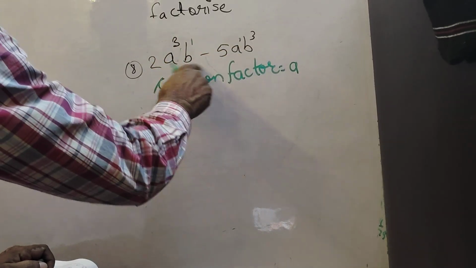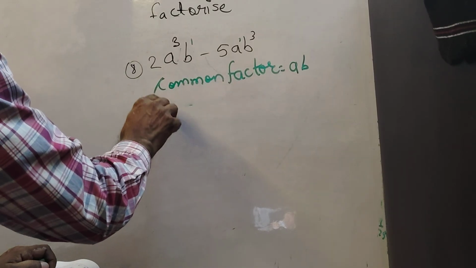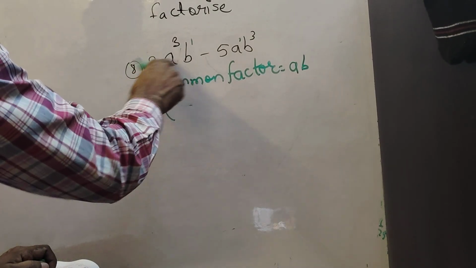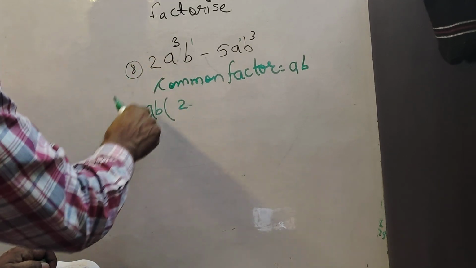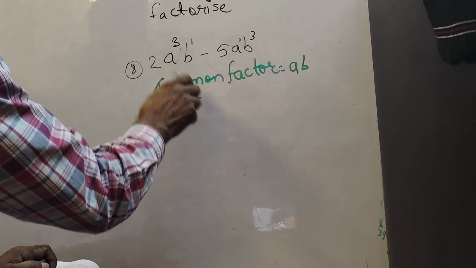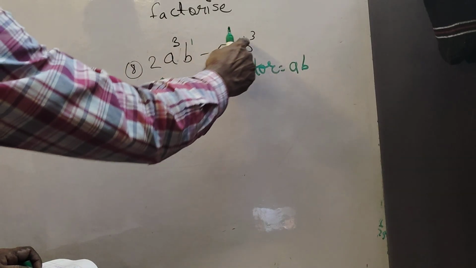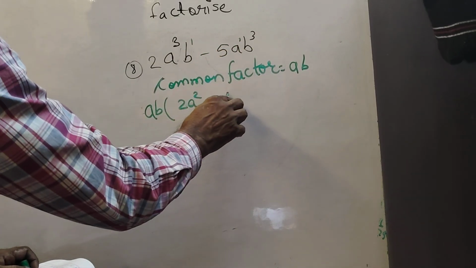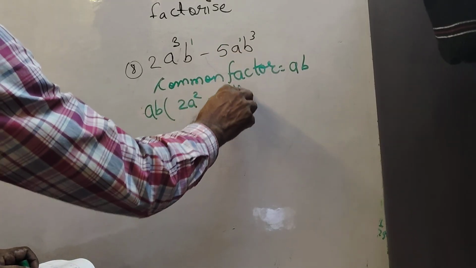Here is b cube, here is b. So ab is the common term. So we write ab outside the bracket and divide first term by ab. So a cube cancel by a, we get a square. B cancel by b, we remove the b. Now 5ab cube is divided by ab, we get 5. A cancels, b cube divide b, we get b square.